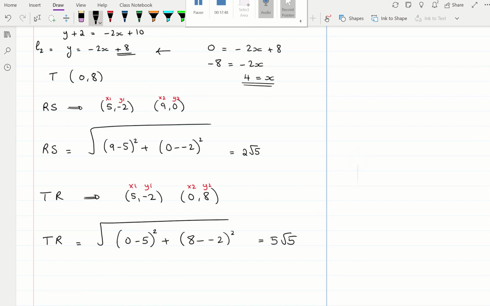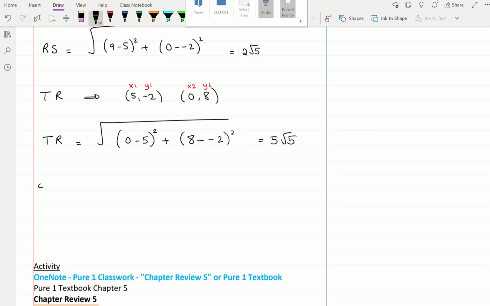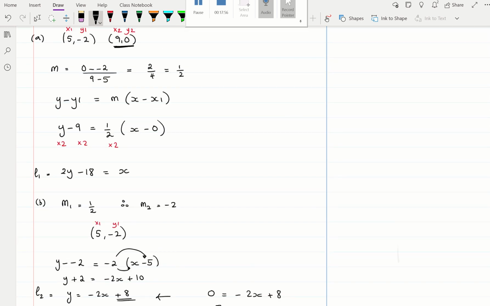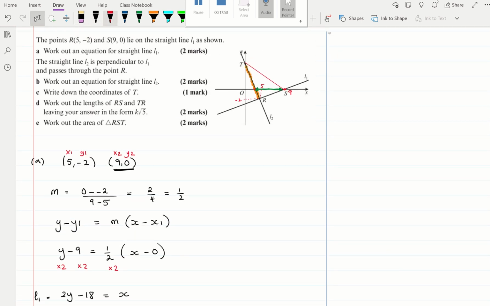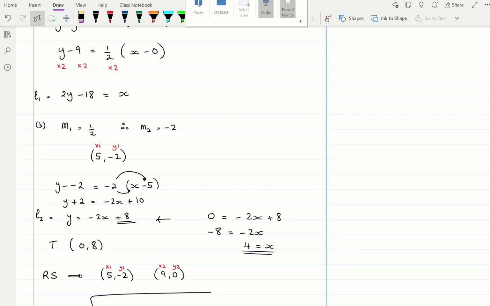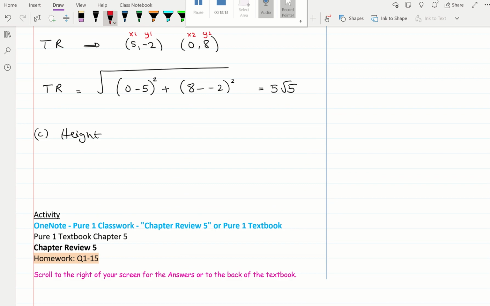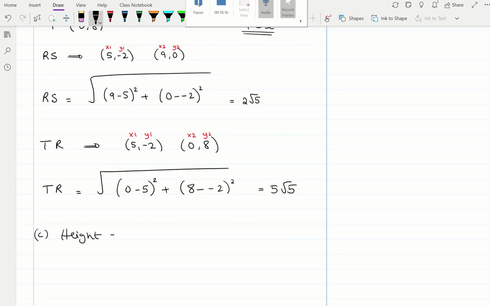So the height of the triangle, height, so let's put that's the x-intercept, and the height is going to be 9 take away 4, which is 5, and the base is TR.